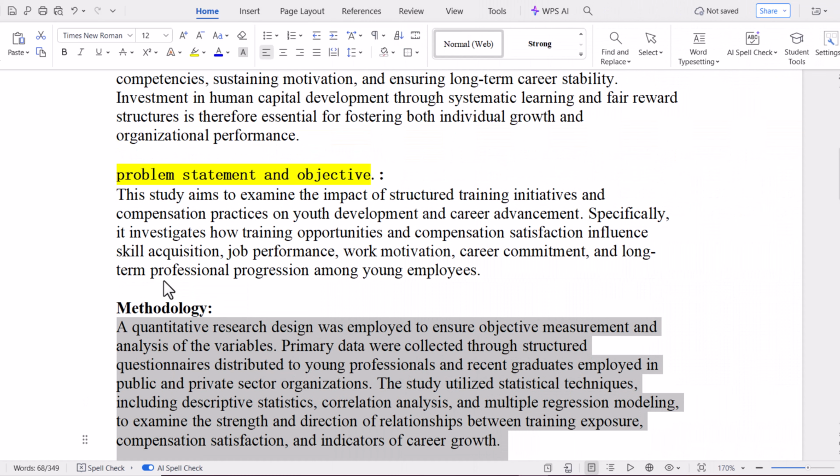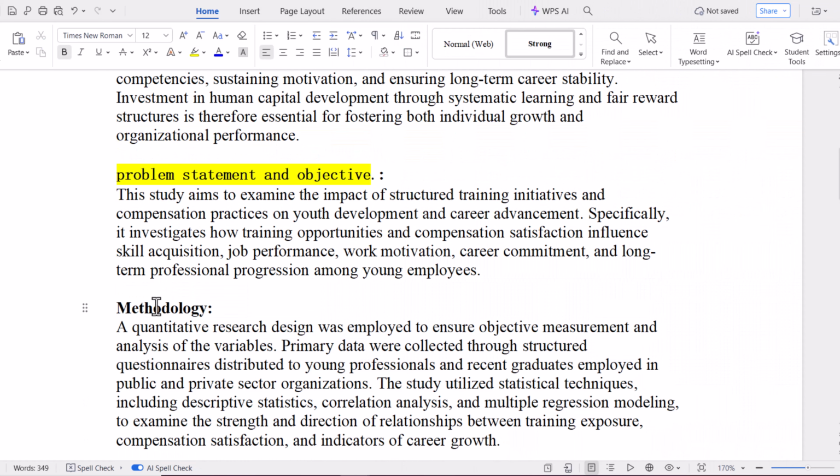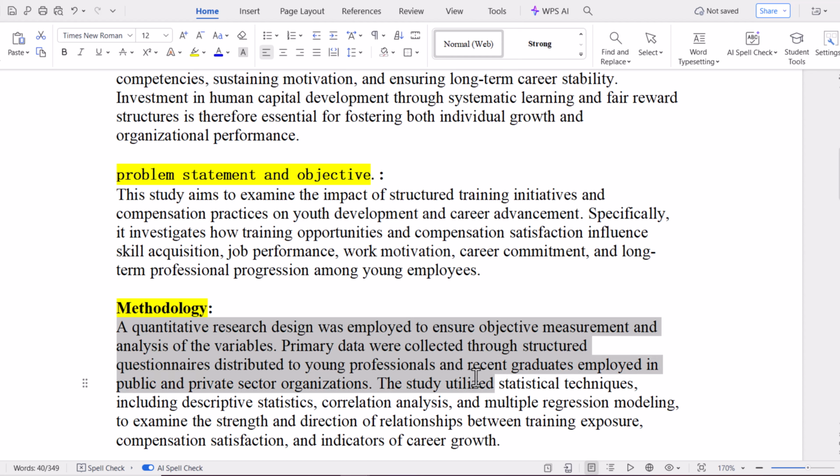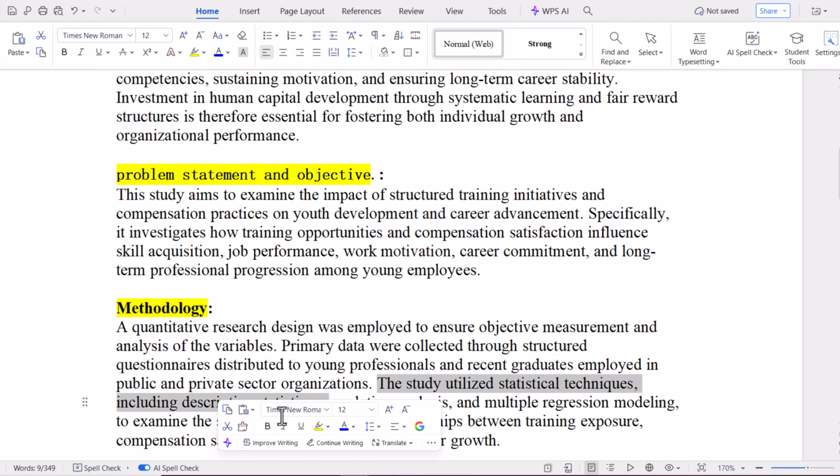The third component is methodology. Here, you briefly describe how the research was conducted, focusing on the overall approach rather than detailed procedures. For example, a quantitative research design was employed to ensure objective measurement and analysis of the variables. Primary data were collected through structured questionnaires distributed to young professionals and recent graduates employed in public and private sector organizations.